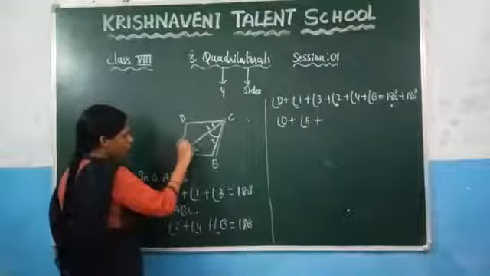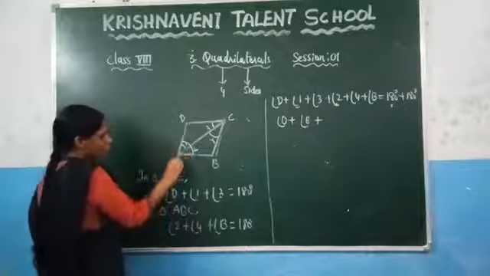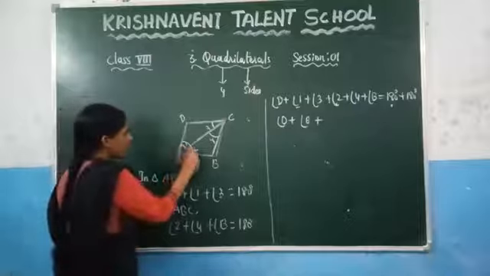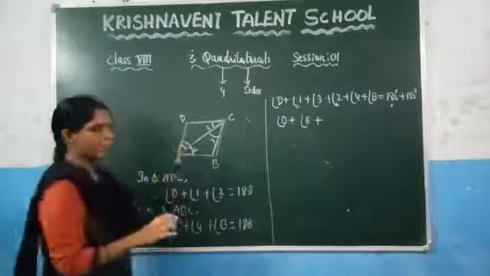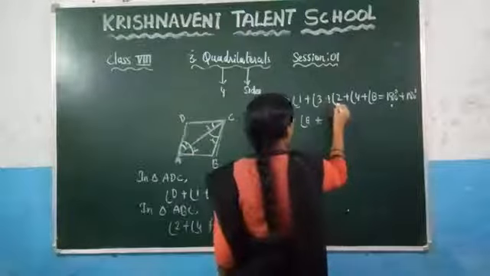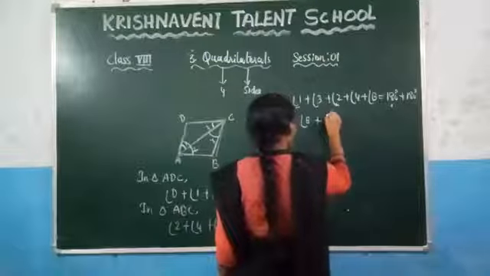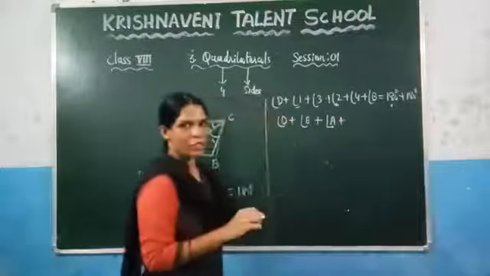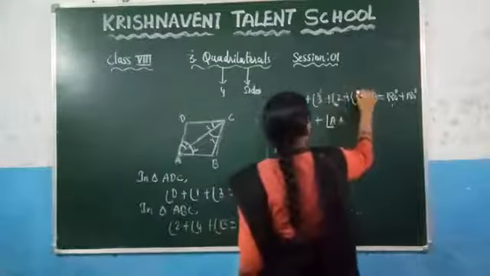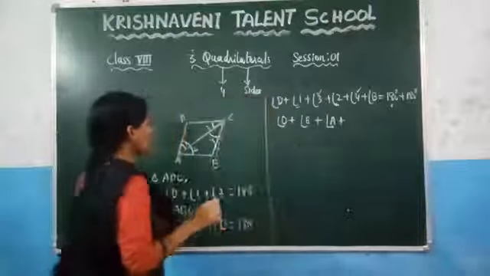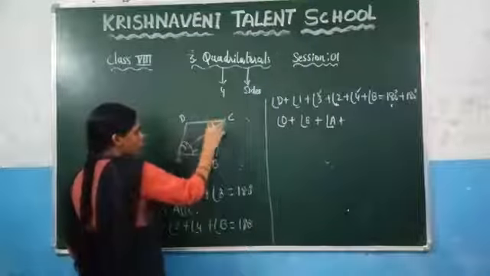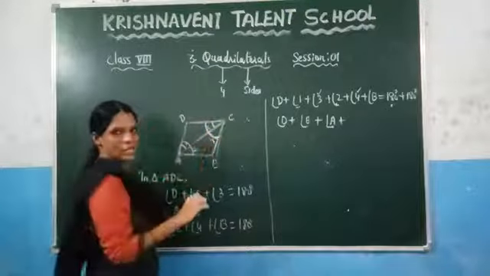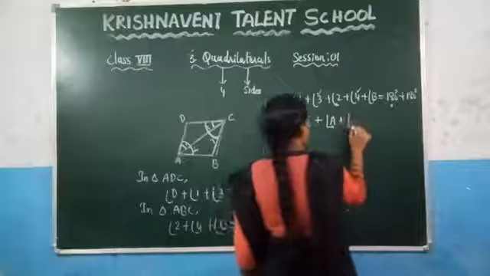If you add angle 1 plus angle 2, you will get the total angle, which is angle A. So in place of angle 1 plus angle 2, you can write this total angle, angle A. Now what is left out is angle 3 plus angle 4. This is angle 3 and this is angle 4. If you add, you will get the total angle, which is angle C. So write it here, angle C.